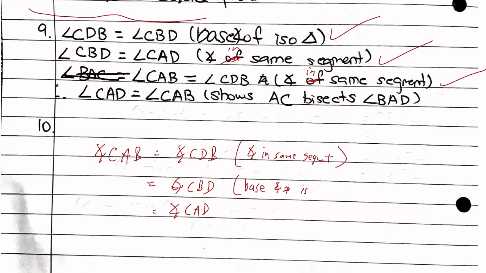And then finally equals to angle CAD, again because of angles in same segment. And then you're done, right? Don't need to move around. A bit clearer. Okay, then question 10.